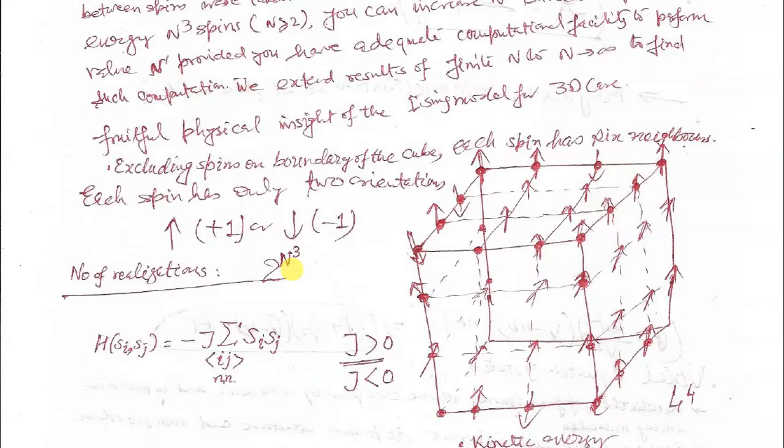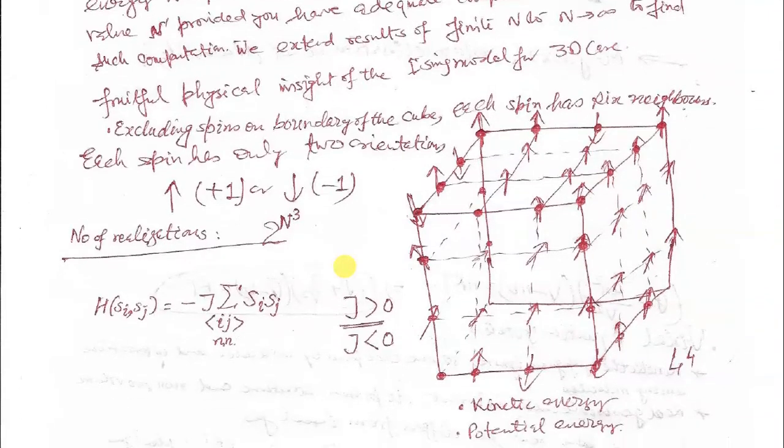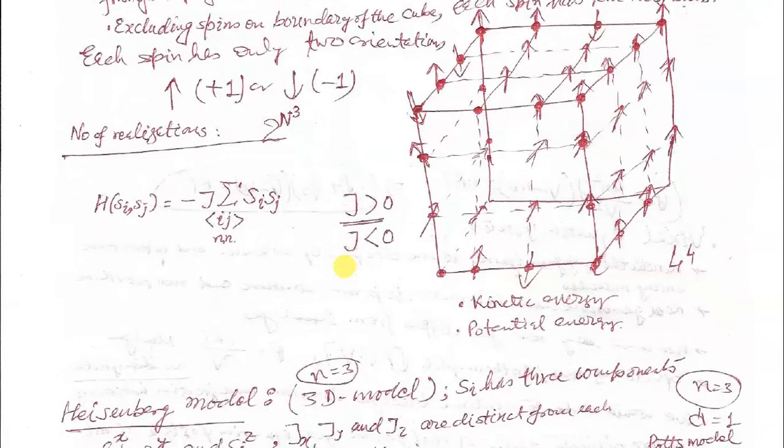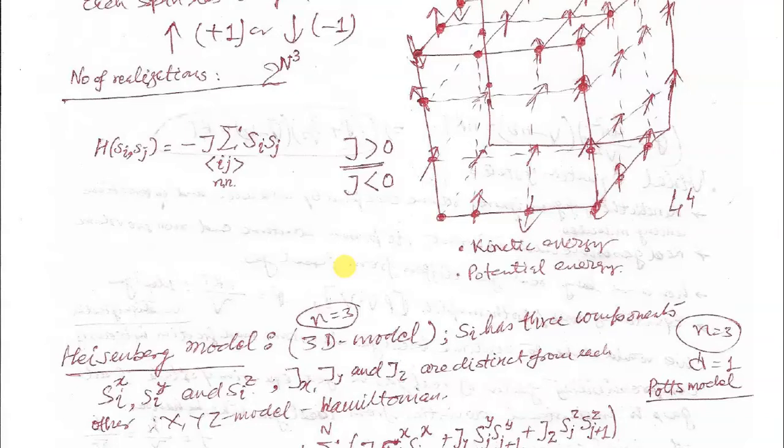You keep increasing the number of spins to see how the magnetization and magnetic susceptibility vary with the size of the system. On that basis you can determine the transition temperature, and you can also see how the system shows ordering, either ferromagnetic-like ordering or antiferromagnetic-like ordering.